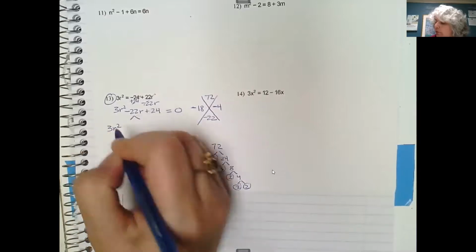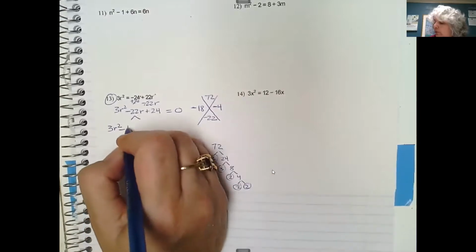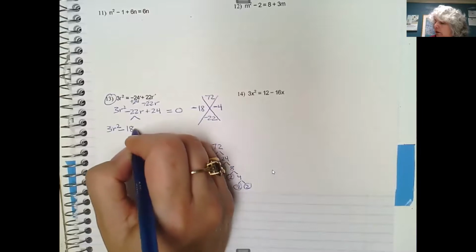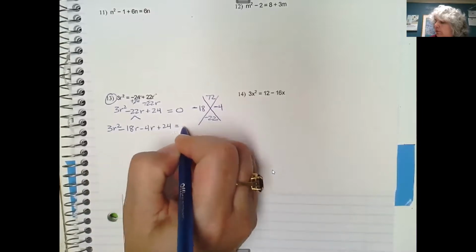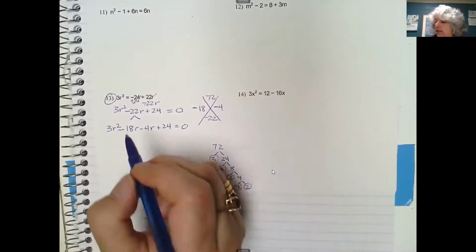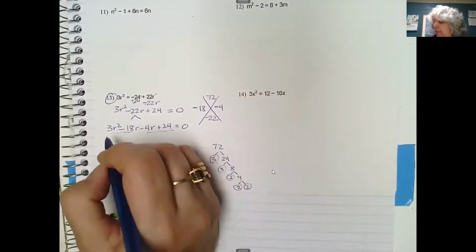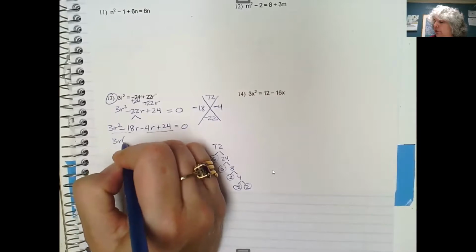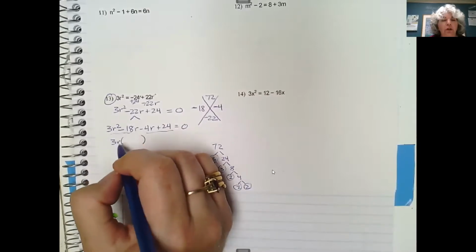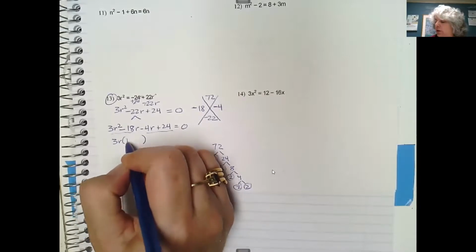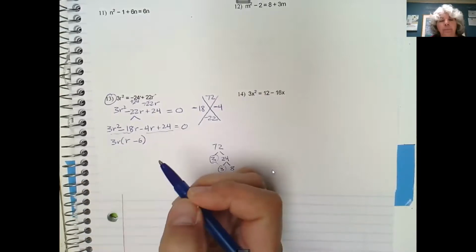I'm going to rewrite 3r squared and rewrite this as minus 18r minus 4r plus 24 equals 0. Then factor by grouping. 3r is common to both of those two terms here. If I factor out 3r, then I have left r minus 6.